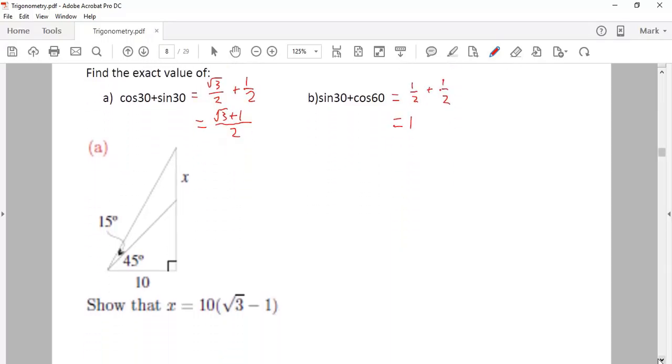Alright, so this next one, you have this triangle. Show that x equals 10 times root 3 minus 1. We need to find x, so we need to know that this little side here is a, and we just call the whole thing b. If we're looking at the small triangle, we have opposite and adjacent, so tan 45 equals a over 10.